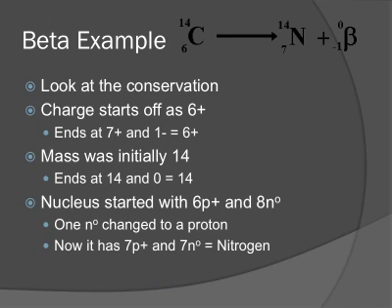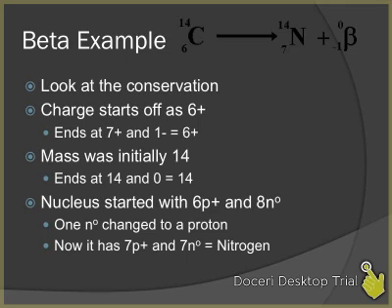All right, so let's look at a beta example. And I know that this is a little hard to read up here at the top because it's black, but it wouldn't let me change the colors. So we have to look at the conservation. If we look at carbon up here at the top corner, carbon has 6 protons. How do I know that? Because I can see it on the periodic table. It has an atomic number of 6.